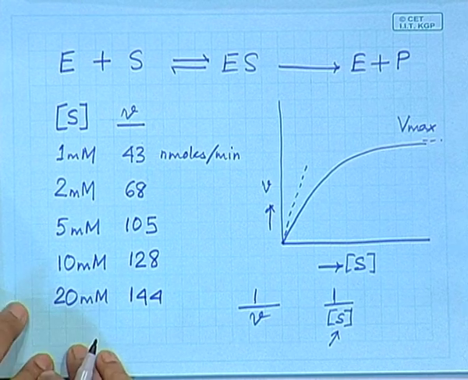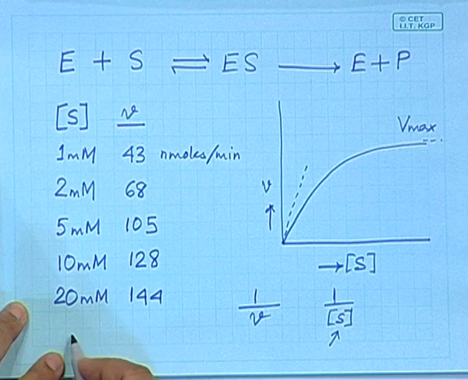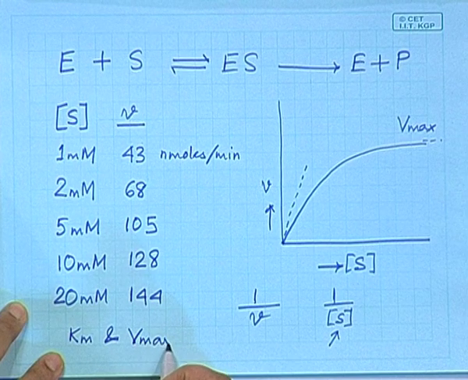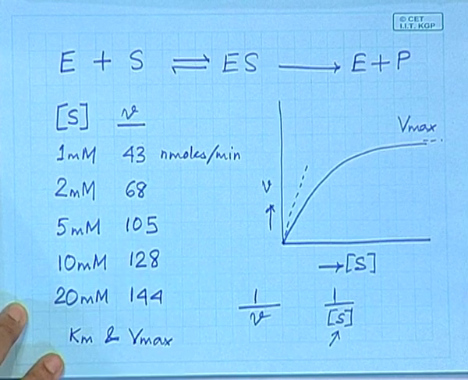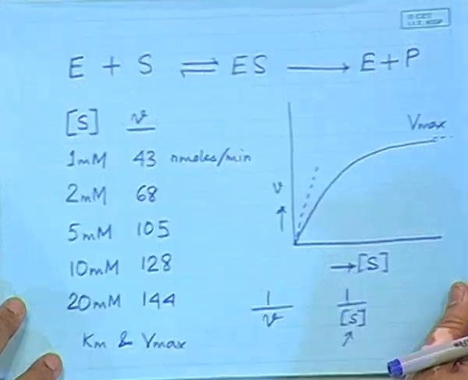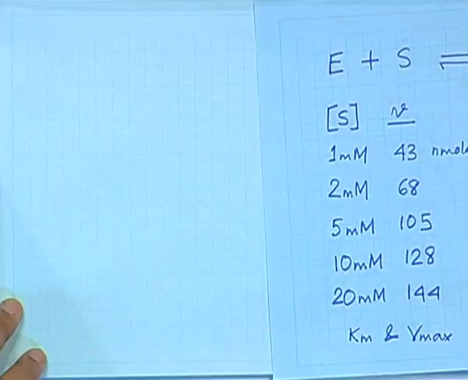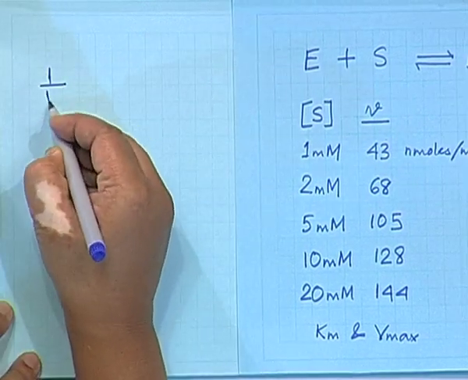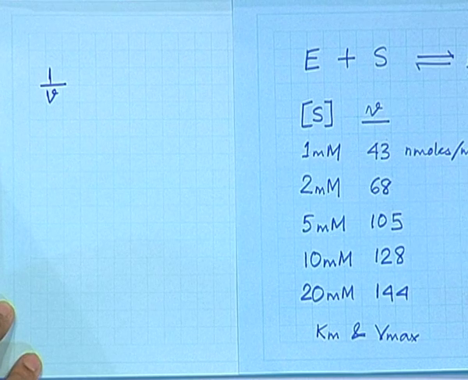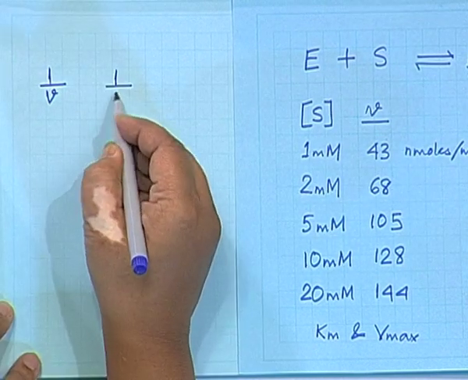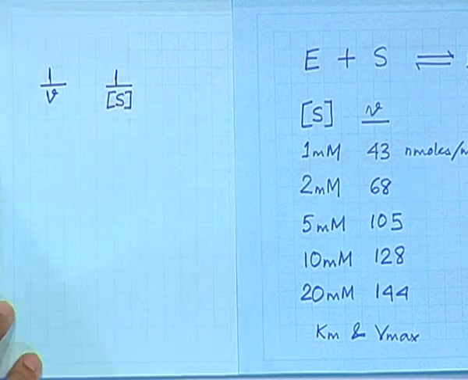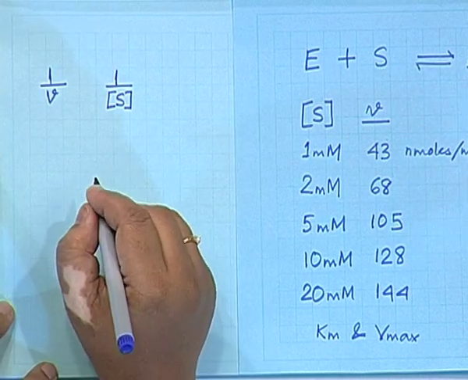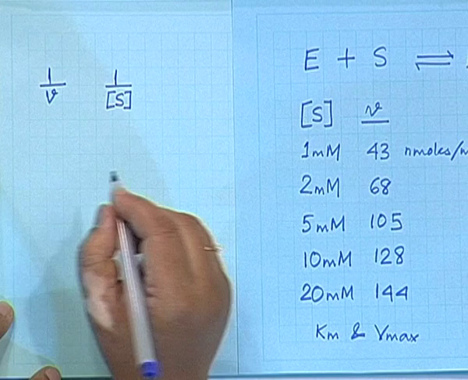Now, if I want to determine Km and Vmax from the data that I have here, what I need to do is calculate 1 by V, right, and 1 by S. Now, once I calculate 1 by V and 1 by S, what am I going to get?